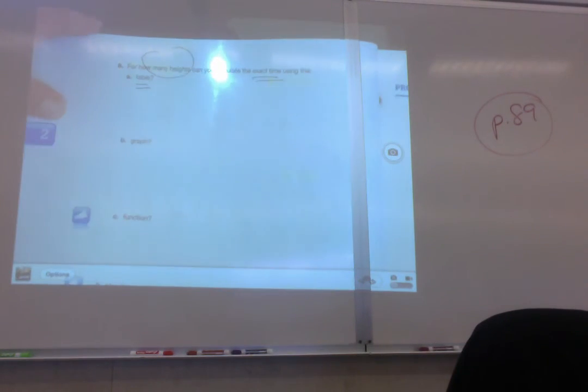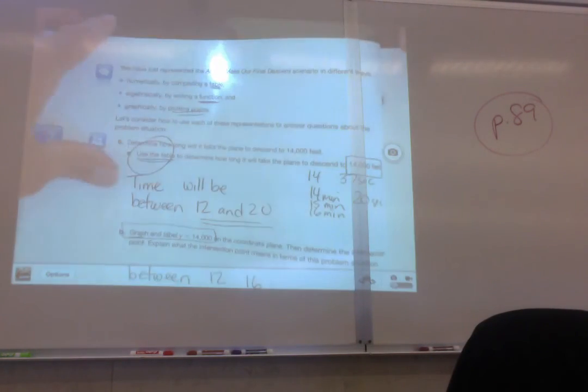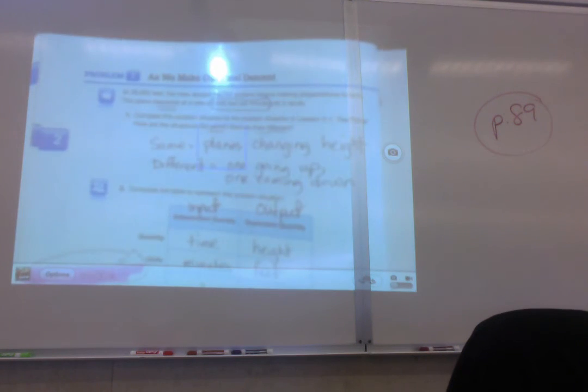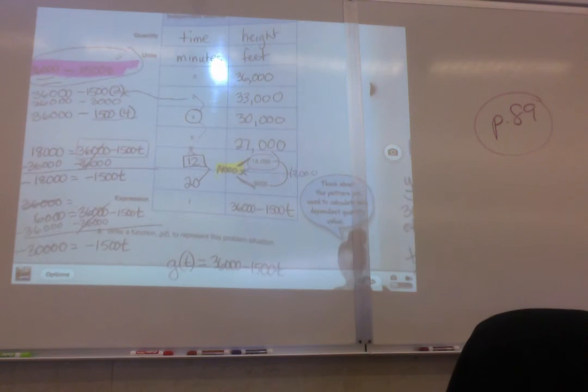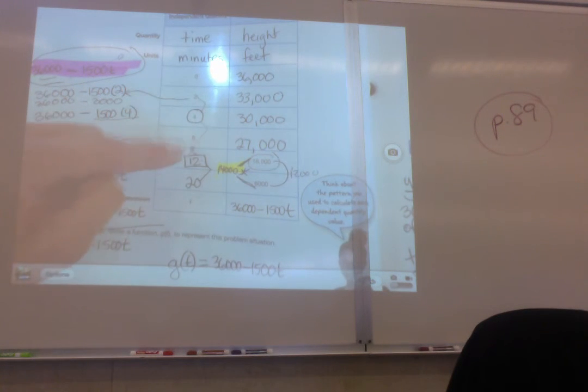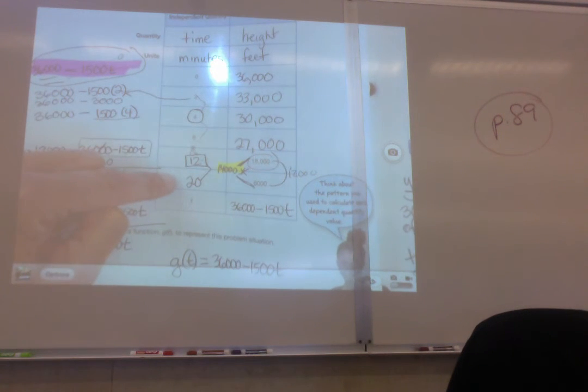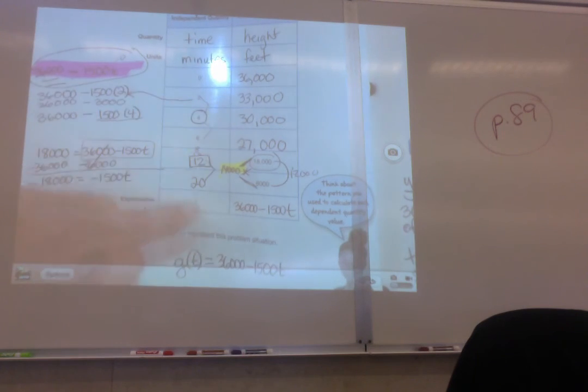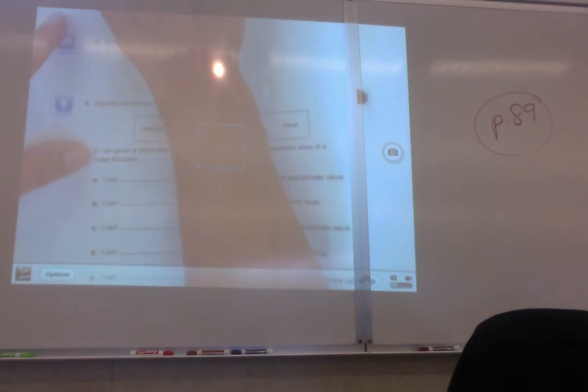We've got to look at our table. How many times did we have? Go back to page 88. 1, 2, 3, 4, 5, 6. We only had 6 exact times on the table.